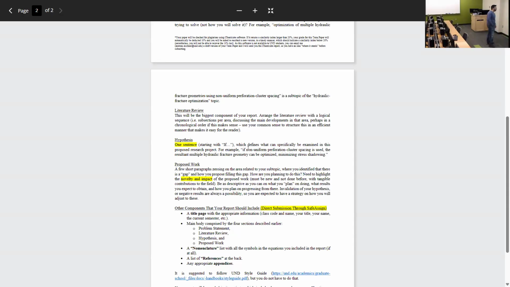Other components that your report should include, say direct submission through SafeAssign. We're going to talk about plagiarism later. A title page with the appropriate information: class code and name, your title, your name, current semester. Main body comprised of the 4 sections described earlier in this sequence.